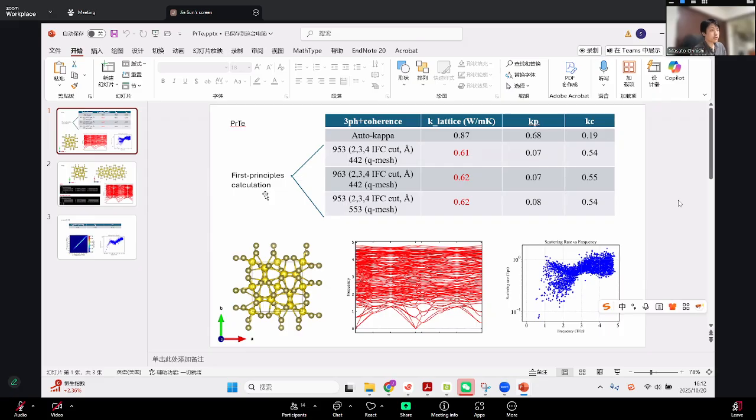I'm not sure, but I decide the number of structures to calculate force constants based on the number of parameters. So I decide the ratio.